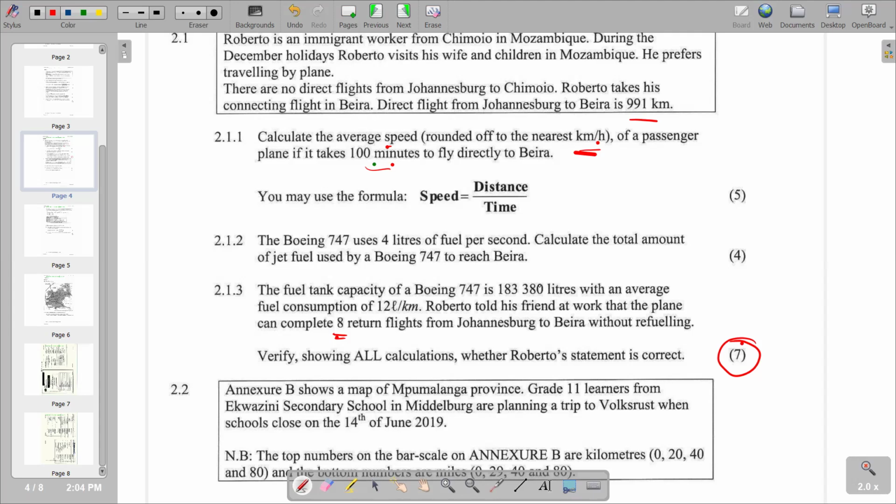So we can see whether we can come up with 8 return flights. So what we are going to do is take note of the fuel for 991 kilometers. Remember, the distance is 991 kilometers, and we are told that it is 12 liters per kilometer. So fuel for 991 kilometers will be 991 times 12 liters. Then you get the total liters that we need to go to Beira. So for the return, we multiply by 2. So that's how we are going to calculate it.